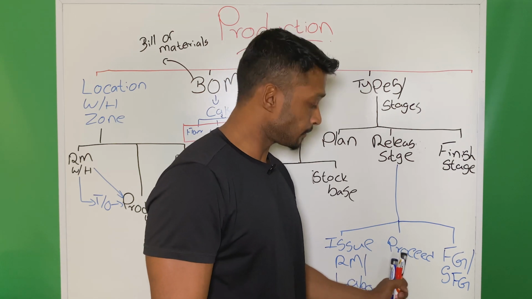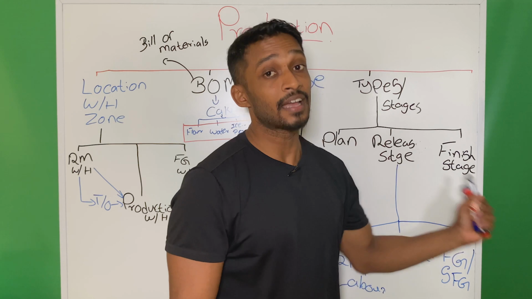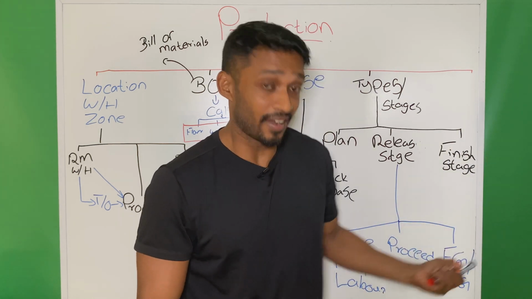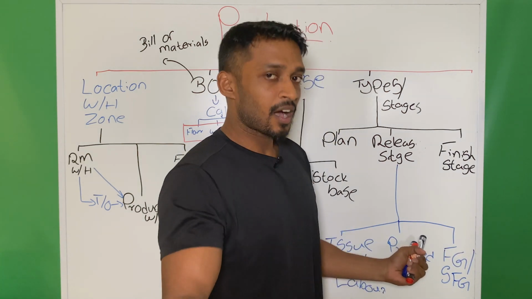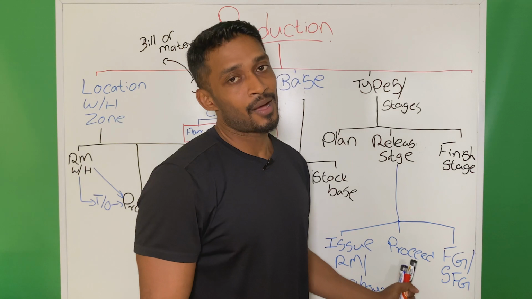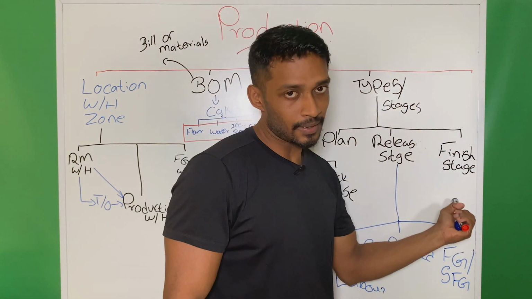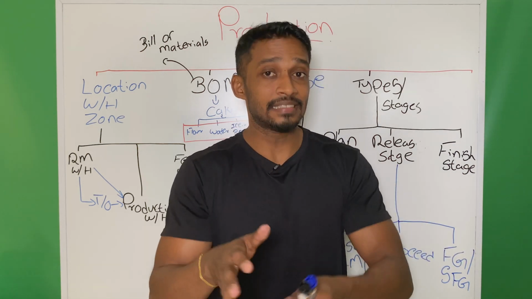Once production is done, finished goods come out. Finished goods mean another material, another output, a stock item. So once it comes to the stock item, as per accounting terms, the WIP account has to be credited and the finished goods account has to be debited. Right. That's the basic accounting part.